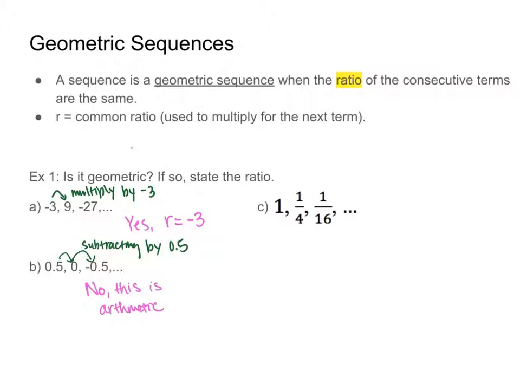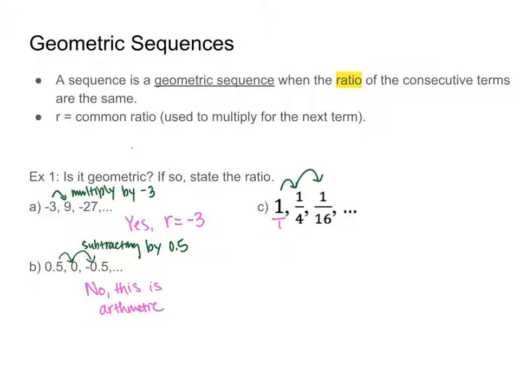And last but not least, part C here. Let's take a look at this pattern. I notice that this one is a fraction and this one's a whole number, so what I'm going to do is make this 1 and put it over 1 to make it into a fraction so I can have a better look at what the pattern could be. From 1 to 1 over 4, it looks like the denominator changed to a 4. And from 1 over 4 to 1 over 16, it looks like the denominator got multiplied by 4 to get 16. So the denominator is being multiplied by 4 every time, but the numerator stays 1 every time.